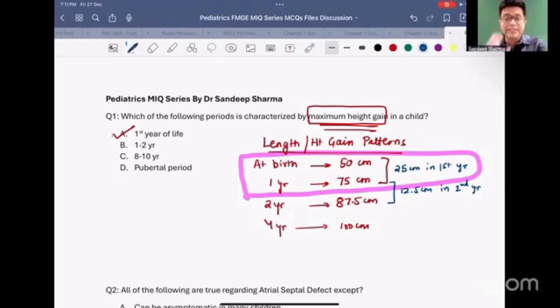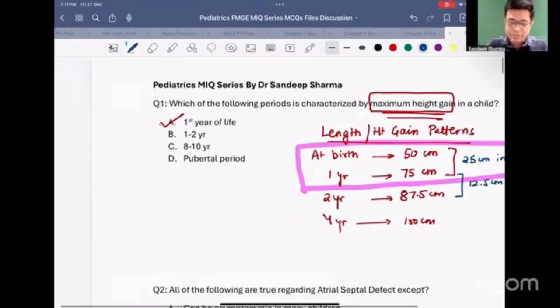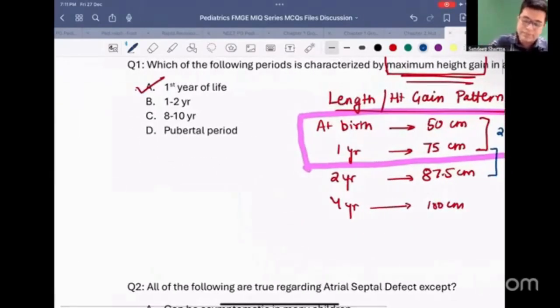Now, what is the extra edge topic that you need to remember from an exam perspective for the upcoming exam? Remember, it is relevant for FMG. It is also relevant for the NEET PG exam. So the topic that you need to remember is the different height velocities per year.